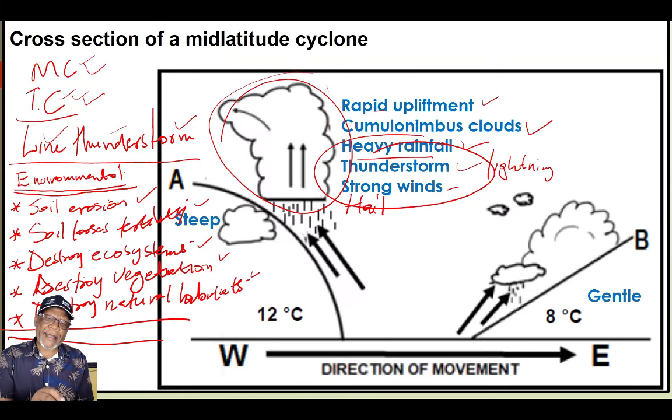So for any natural impacts, be careful. Don't go and study impacts of the mid-latitude cyclones, then go and study impacts of tropical cyclones, then study impacts of line thunderstorm. They are the same. Once you have studied impacts on the natural environment, you are done.